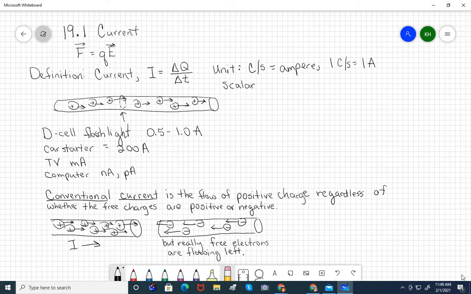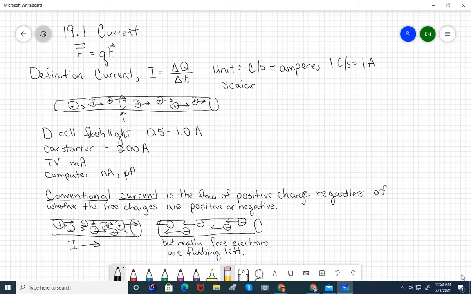Anytime we talk about current, we're going to talk about current as if the positive charges are flowing, because that's what they all agreed to do, and that's how they set everything up. But we're going to know, because we understand the structure of the atom, that in fact, it is negative charges, these free electrons, that are actually flowing.